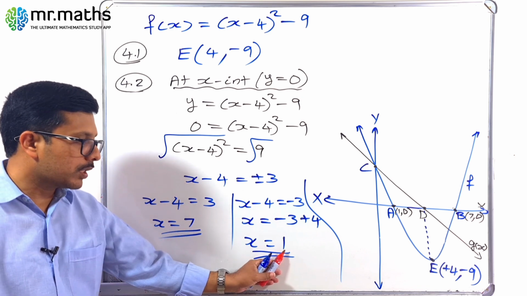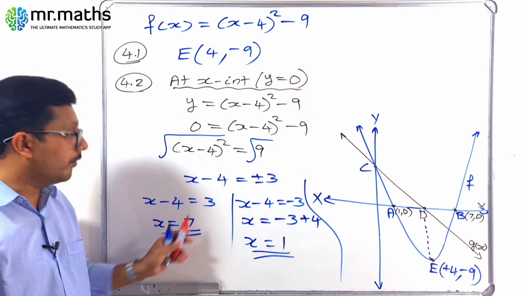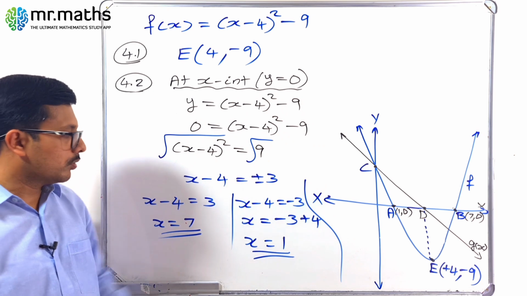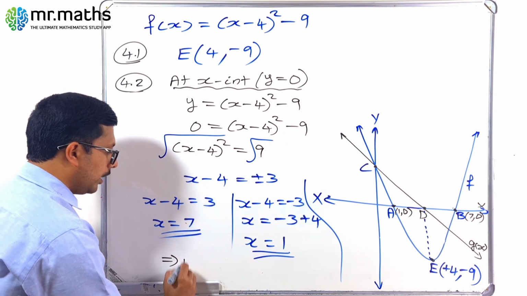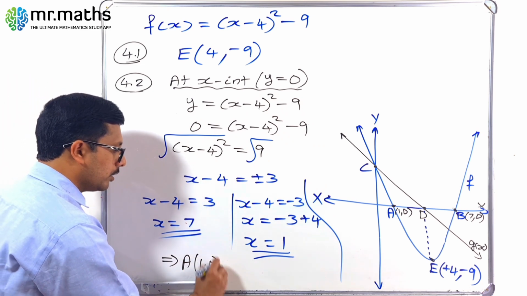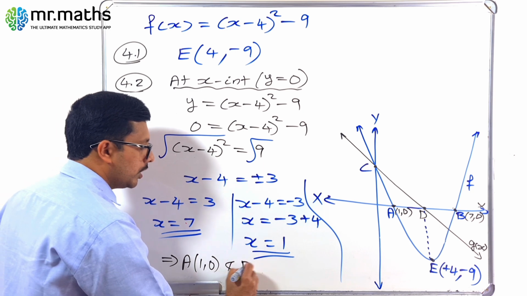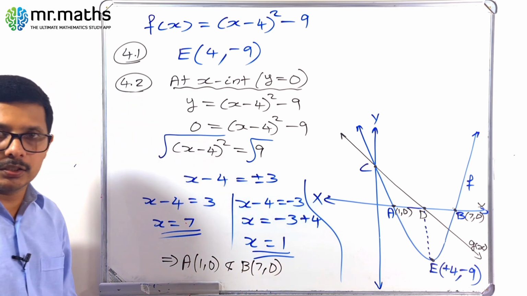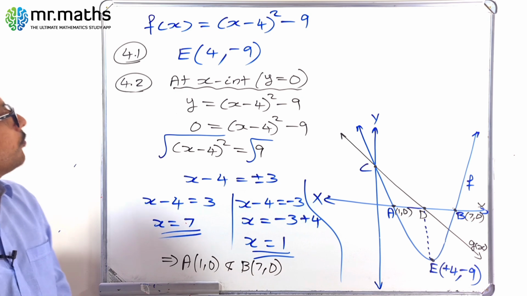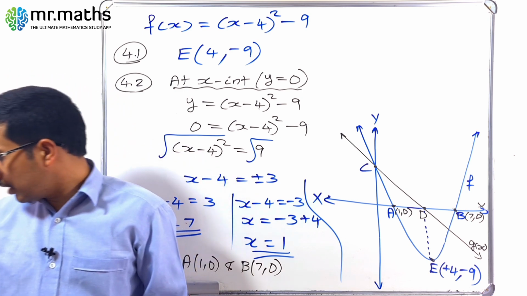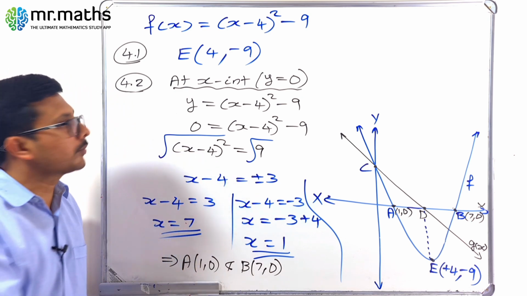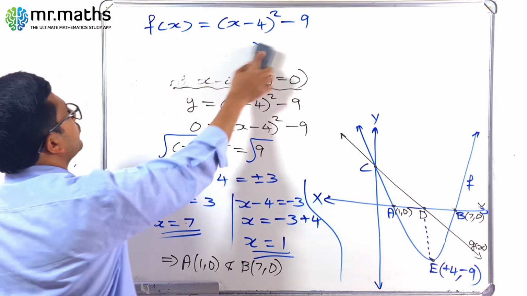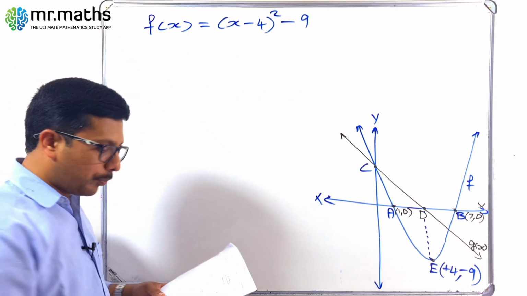So 1 comma 0 and 7 comma 0. So that is question number 4.2. Now let's move to question number 4.3.